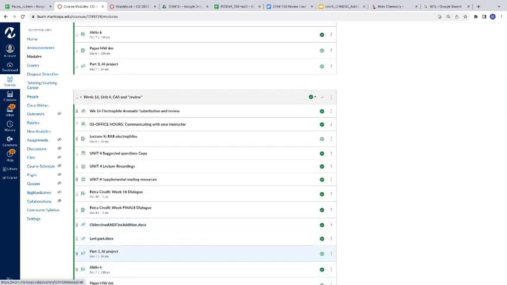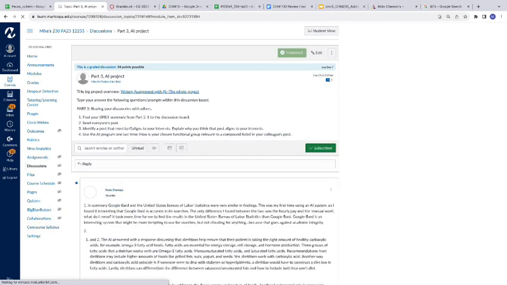The Part 3 AI project, I haven't bothered to see if anybody's looked at that. It's just the discussion board, with fairly standard directions. Post your summary about it, read everybody else's posts, and then, to make sure you've read them, find a post that aligns roughly with your background, and use the AI program to tie the functional group you looked at back to theirs.